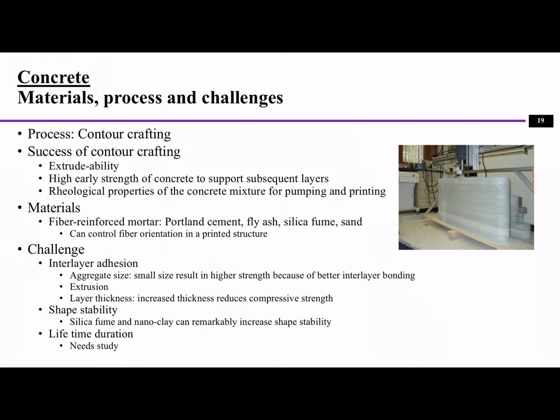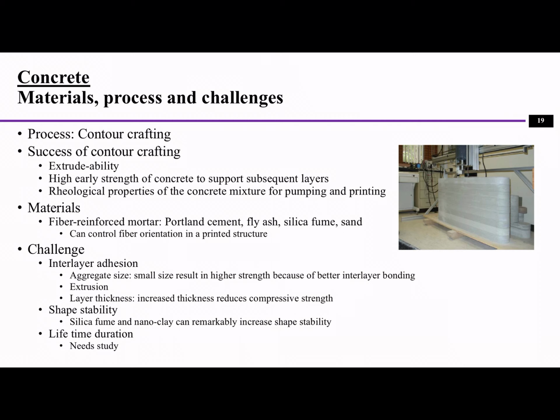The material for these concrete printing applications is generally fiber reinforced mortar. It includes Portland cement, fly ash, silica fume, and sand. You can also control the fiber orientation in a printed structure.